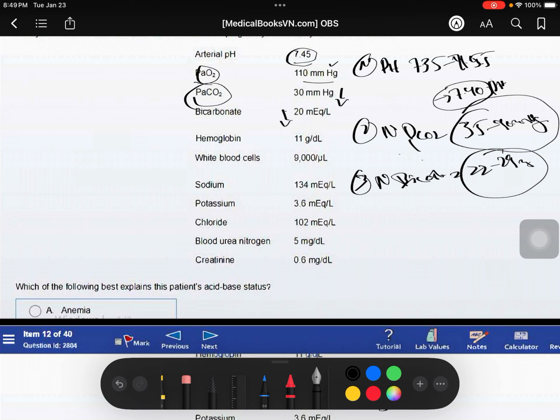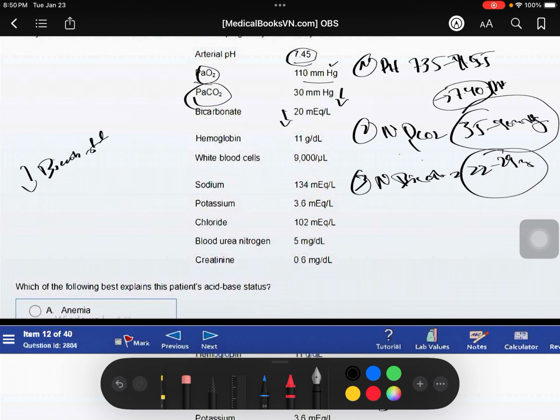During the third trimester, the progesterone level increases too much, and the body will compensate for the respiratory alkalosis by lowering the bicarb concentration in the serum.